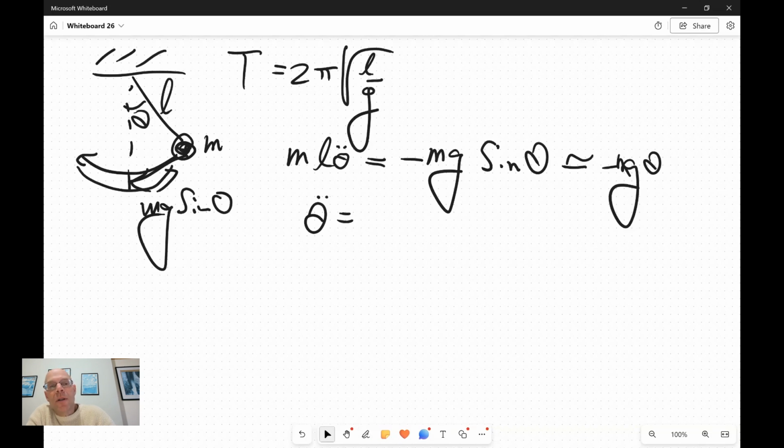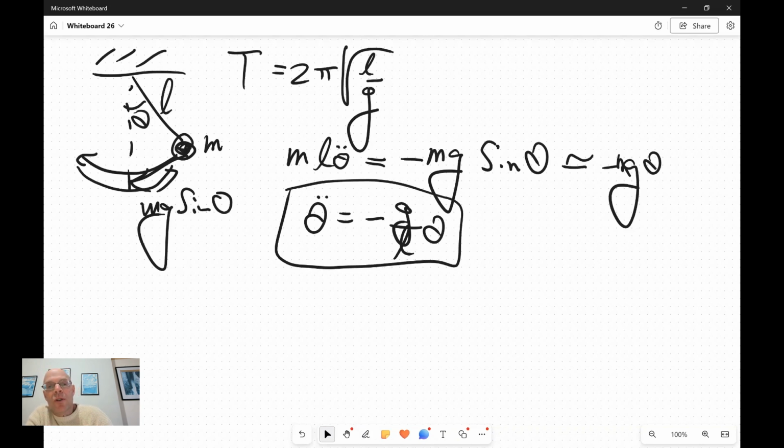Theta double dot is minus g over L theta, and the solution of this differential equation is as follows.